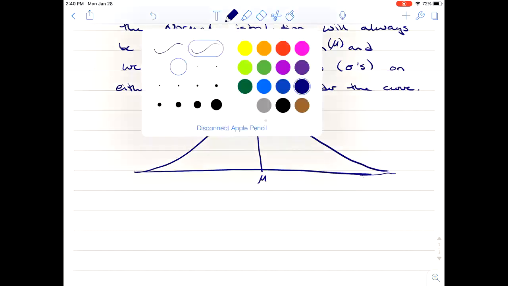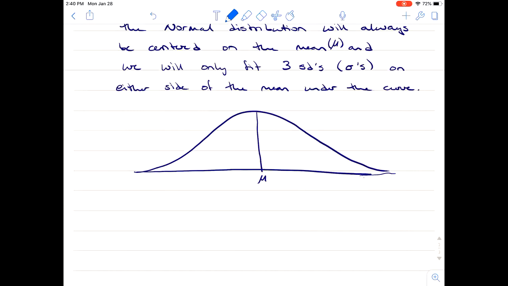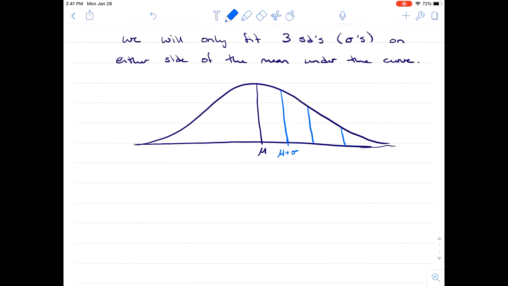So what we have is 1 standard deviation, 2 standard deviations, 3 standard deviations. Here we've moved to mu plus sigma. Here we've moved to mu plus 2 sigma, because we've moved a distance of sigma and then another sigma. If we move another sigma, we've moved out to 3 sigma, regardless of what the mean and the standard deviation are.